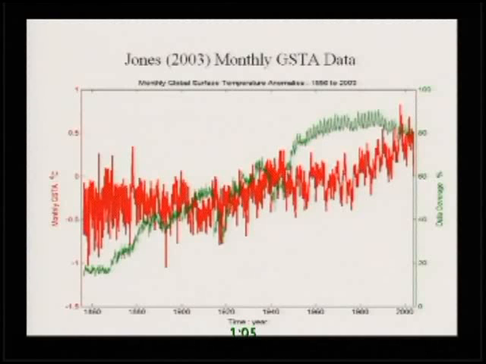I would venture to guess that at that time there perhaps was not a single thermometer in China. 1860, that's almost 150 years ago, and the whole world is covered only 20%. Now we are covered more than 80%.